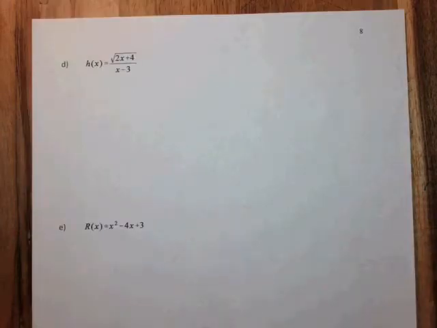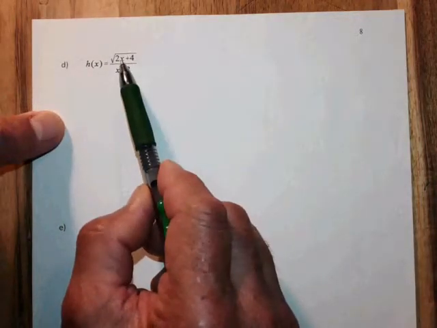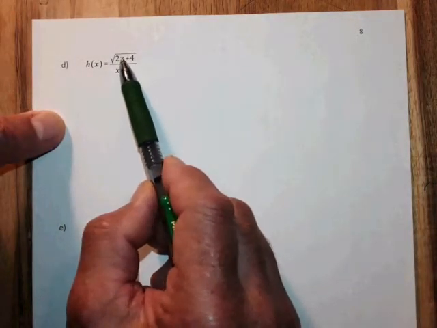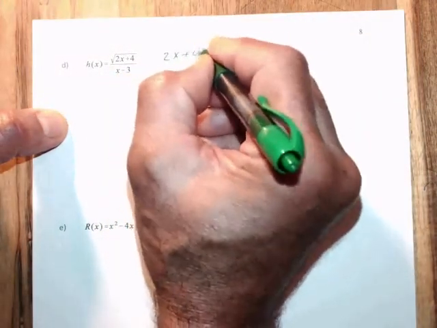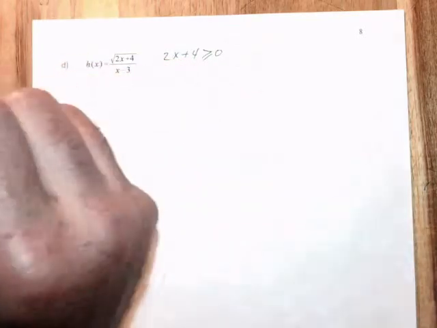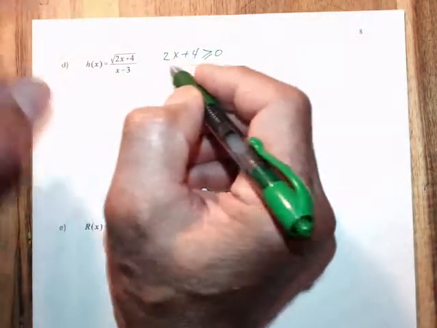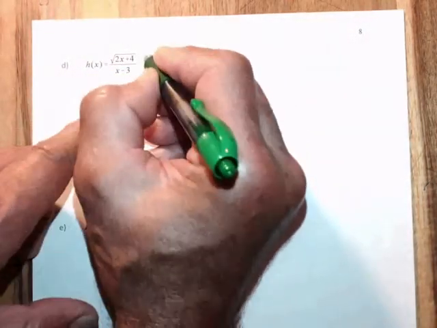Okay, now another example here. This example actually involves two separate restrictions. Because of the square root, you have to demand 2x plus 4 to be bigger than or equal to 0. So this is 1.